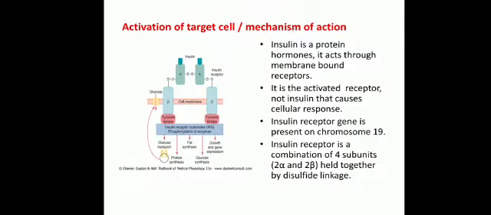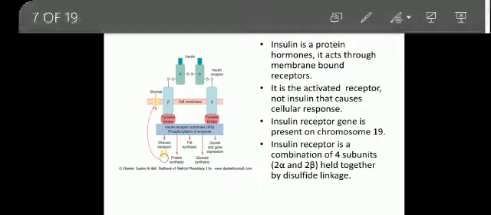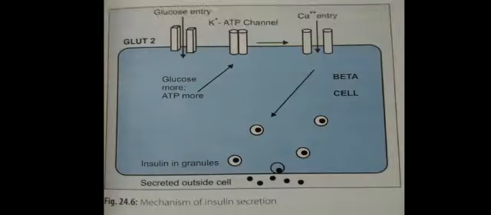Now slide number 6 is also a very important concept to be understood and applied. The slide heading says activation of target cell, or the mechanism of action. So with the previous slide, where were we? We had discussed how insulin is secreted.